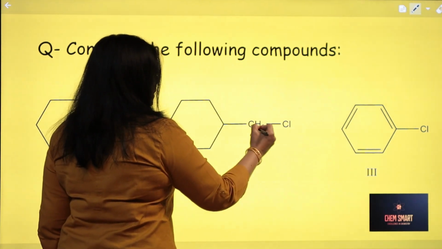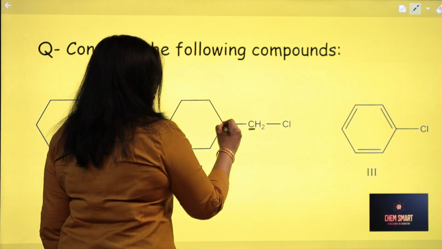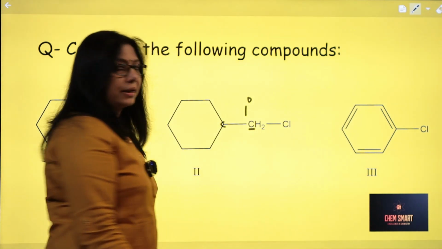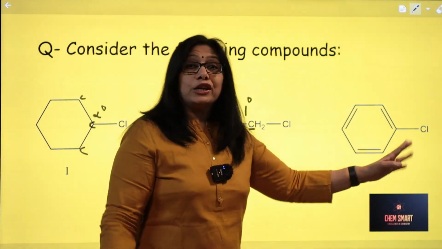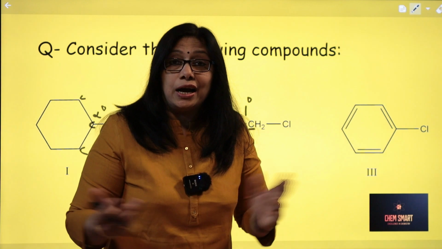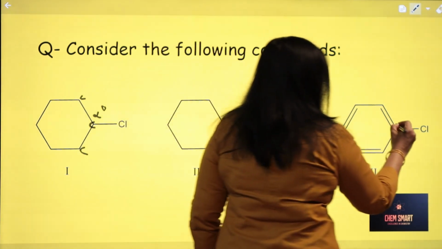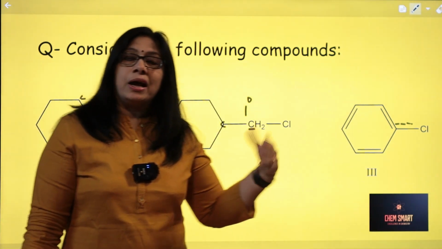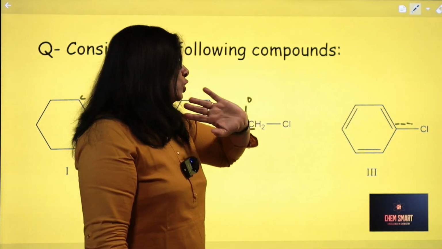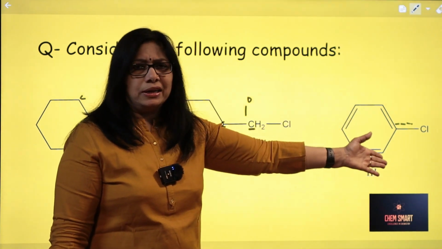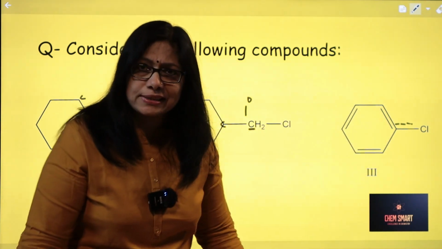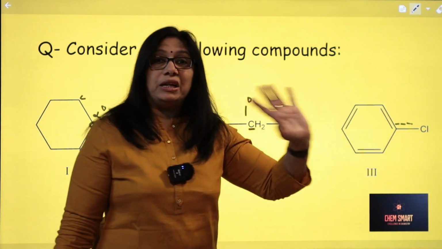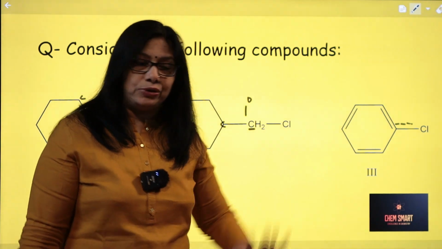Here this chlorine is connected to a carbon which is connected to only one other carbon, so it is a primary alkyl halide. This is not an alkyl halide, it is a haloarene, where there is partial double bond character between the carbon of the benzene ring and the halogen. So no way that it is easily cleaved in SN1 or SN2. Understand? So forget about this. That haloarene will be the least reactive, whether it is SN1 or SN2.